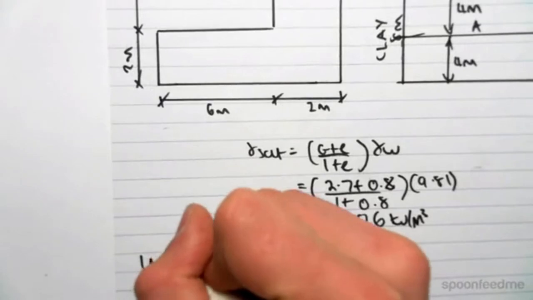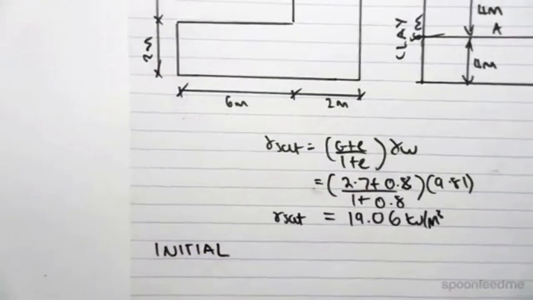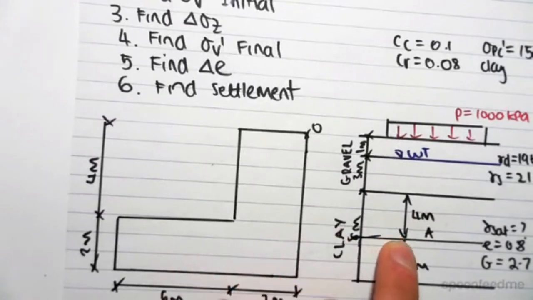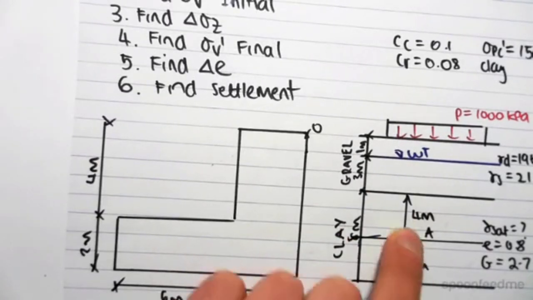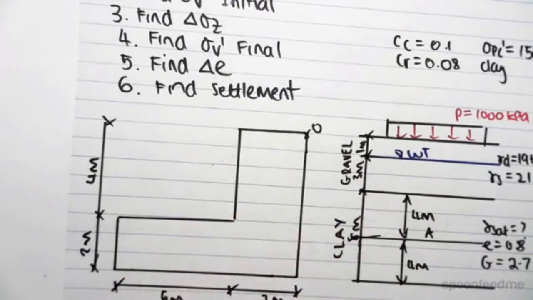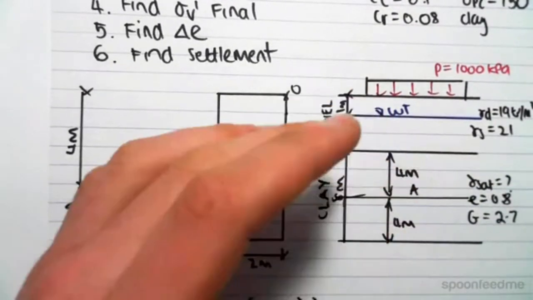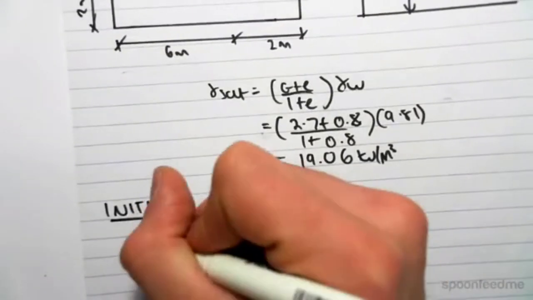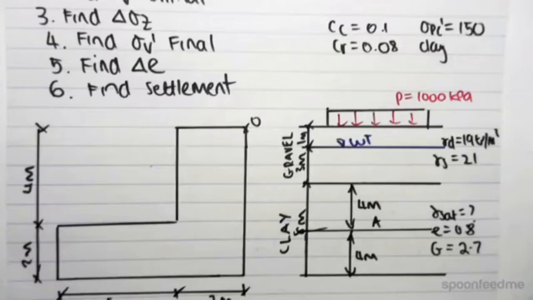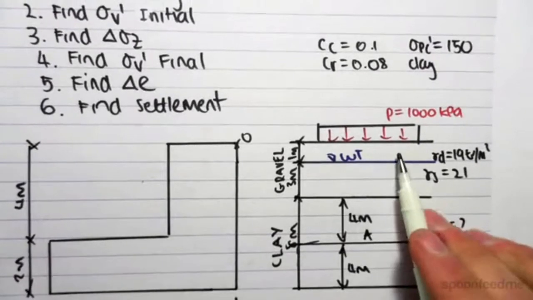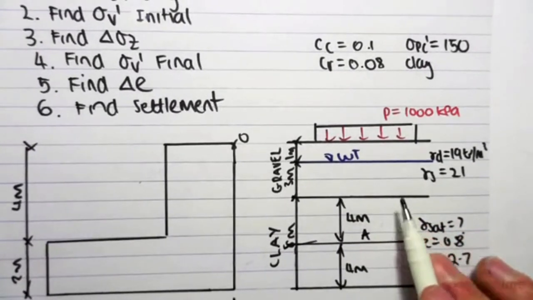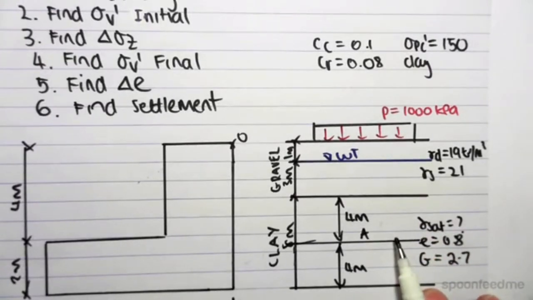So we're now going to find the initial conditions. Pretend initially we didn't have this foundation. We want to know the effective stress at the point A below the surface, just due to the water table and the clay and gravel layer above it. So initially we have a total stress. We have 1 meter of dry gravel, and then 3 meters of saturated gravel, and then 4 meters of saturated clay.